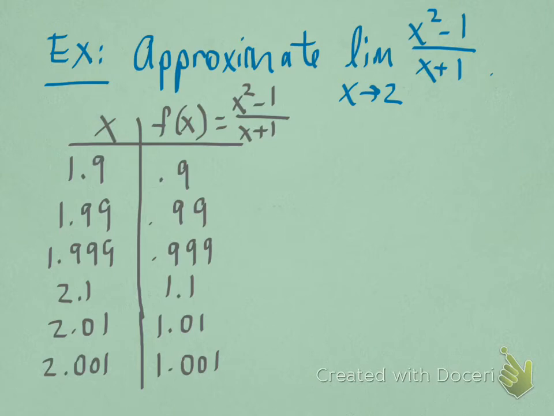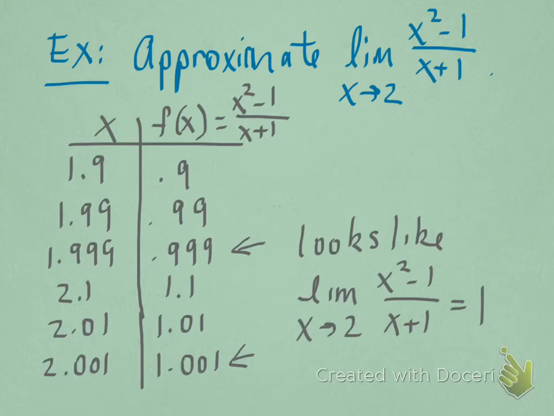So what does it seem is happening to our function values? Well, it sure looks to me like they're getting closer and closer to 1. So it looks like the limit as x goes to 2 of the function x squared minus 1 over x plus 1 equals 1. This is not a proof, but it is evidence to suggest that that may indeed be the case.